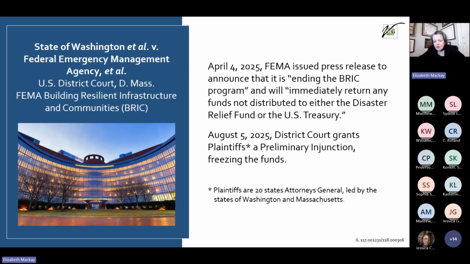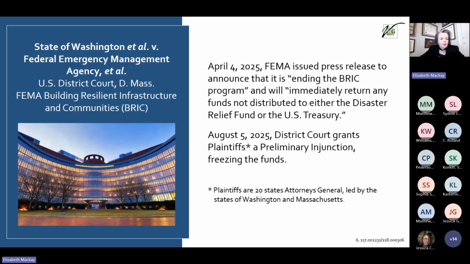BRIC funds can be used for projects such as vegetation management and fuel breaks for wildfire mitigation, and flood control measures like flood walls and levees, berms, wetlands restoration.